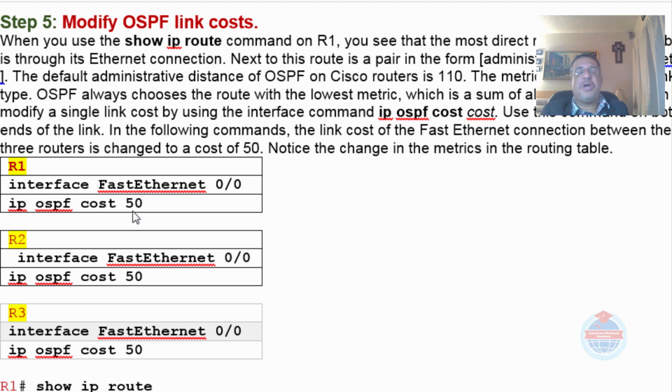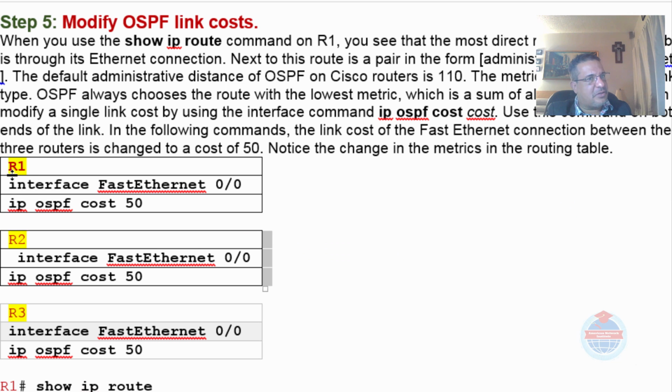But we are not using right now a gigabit Ethernet that is way faster than fast Ethernet, but the default cost is 1. But there is one command over here that we're gonna be using to apply a cost to that process, for example, IP OSPF cost value of 50 on this interface.